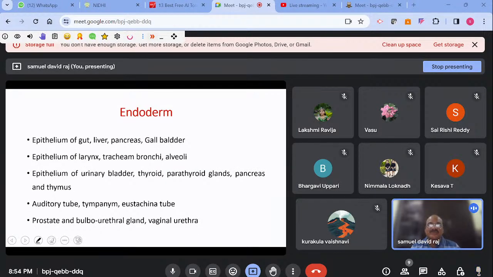Endoderm gives rise to, mainly when somebody asks in a single word, the alimentary canal. You can tick it, and going deeper, it forms other parts in addition to the alimentary canal.